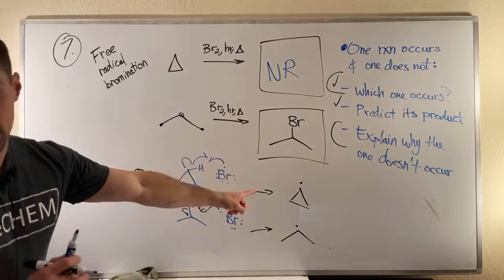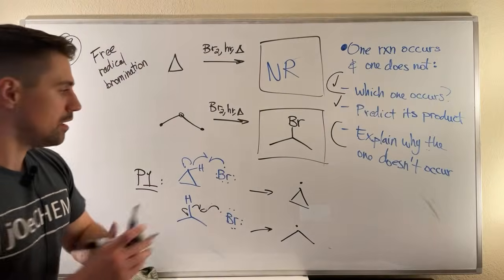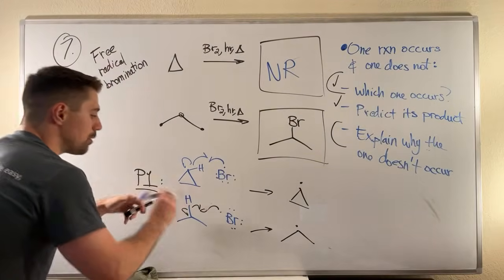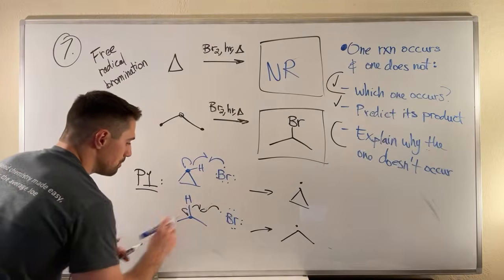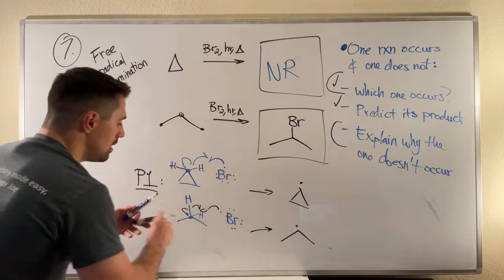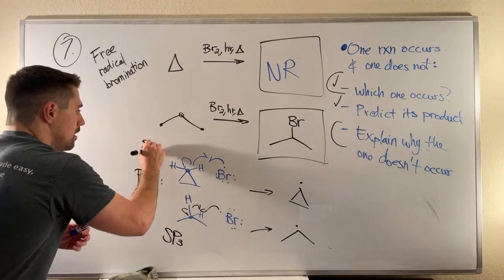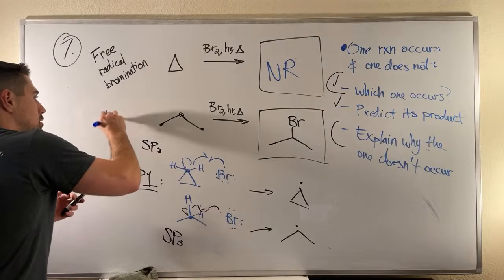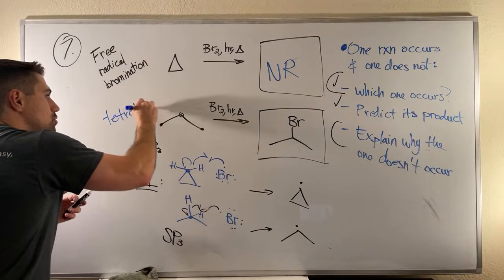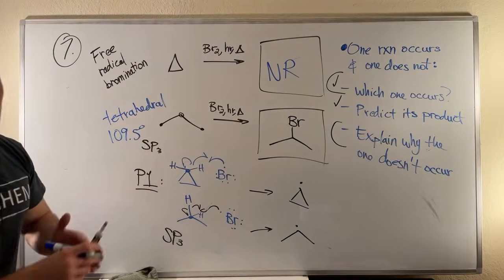When you have a radical, meaning an atom with just an unpaired electron, right here, both of these carbons, before they undergo this change, we haven't drawn it, but there's another hydrogen in both cases, right? These carbons are sp3 hybridized, which means they are tetrahedral. They have a tetrahedral shape. They like 109.5 degree bond angles.